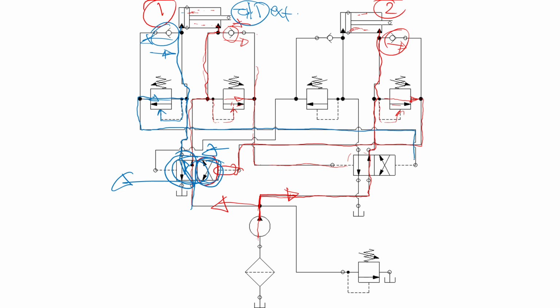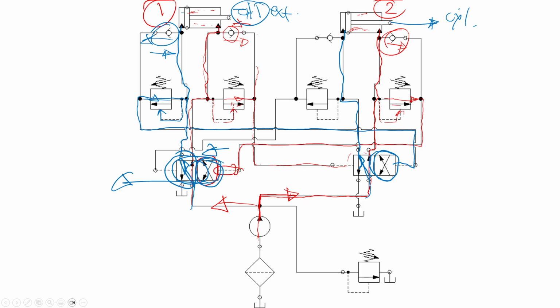Now the right envelope of this directional valve will be engaged. So the flow, instead of going this way, is now going to go to the blank end side. So it's going to go this way, to the blank end side, and fully extend cylinder 2. And this is how you can explain what's going on with this automatic circuit.